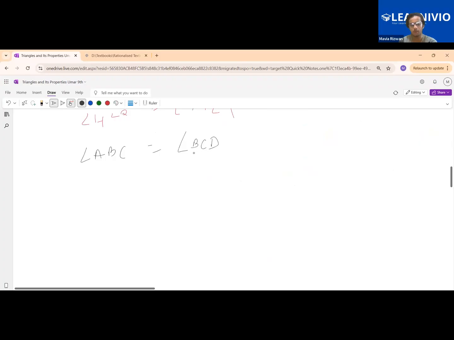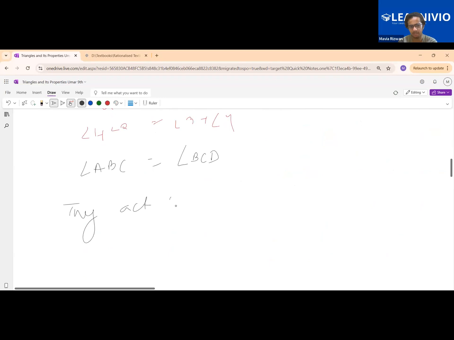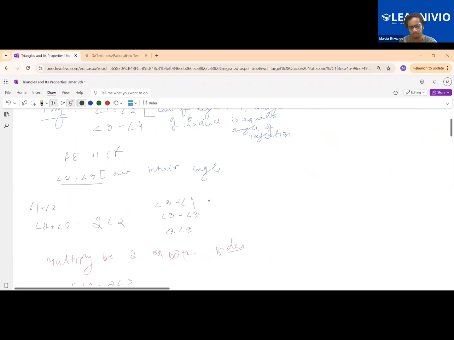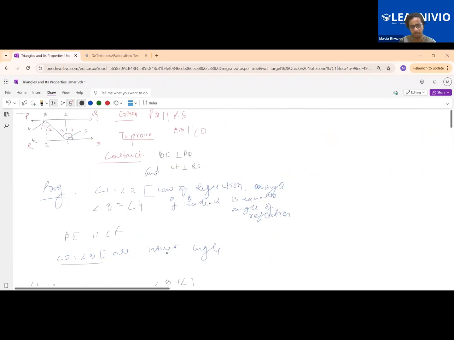But when they are equal, they act like alternate interior angles. Therefore, AB is parallel to CD. Is this clear, Umar? Please write this down.